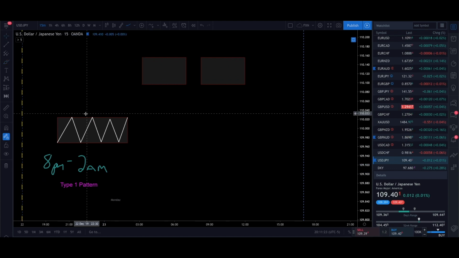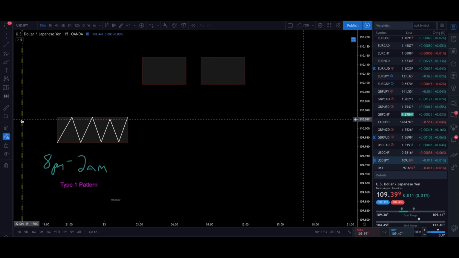Why is it between 8 and 2? That's because 8 p.m. is when the Tokyo session starts, so the Tokyo session start is what sets my Asian range. At 5 o'clock is the reset time, where market makers reset everything for the next day.